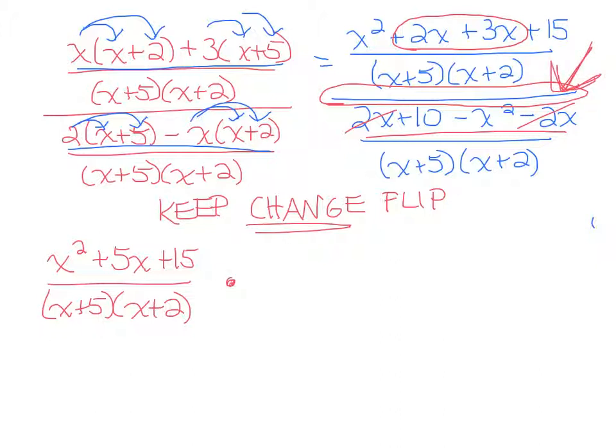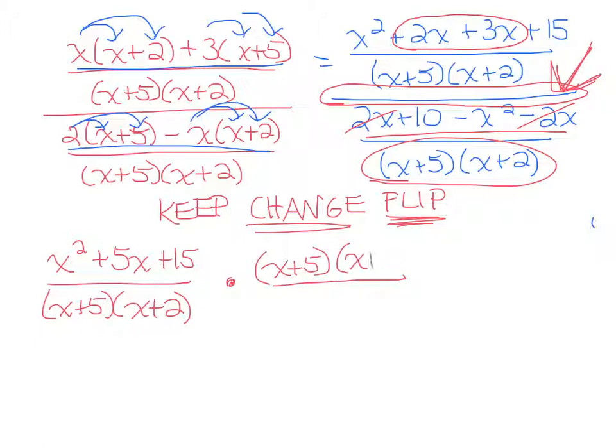And this works with all dividing by fractions. And then we're going to flip that second fraction. So now this is going to be in the numerator, and my denominator is going to be 10 minus x squared.